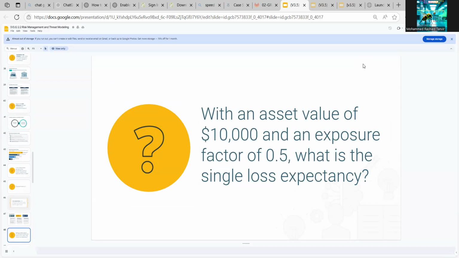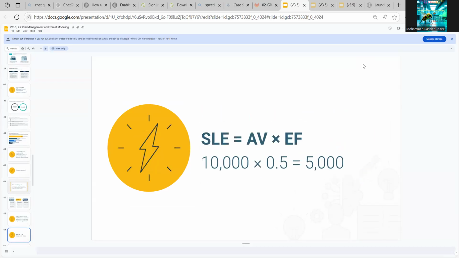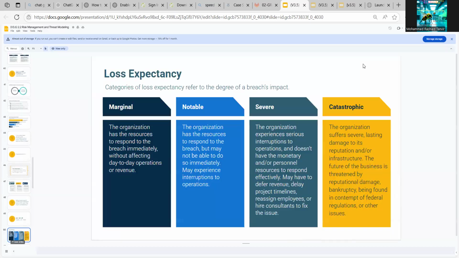What is the single loss expectancy? SLE equals AV times EF, so 10,000 times 0.5 equals 5,000. This is the SLE, and we can find it easily.